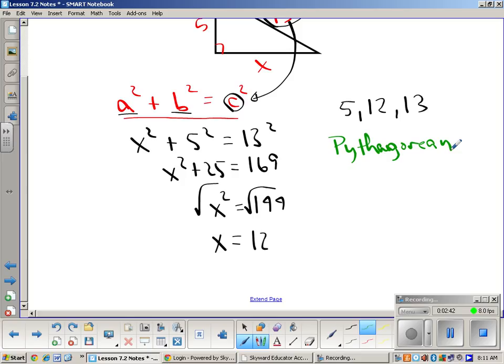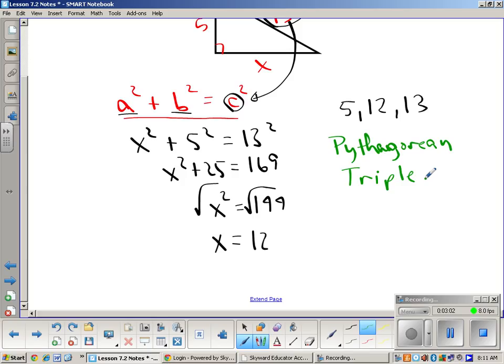Okay? This is called a Pythagorean triple. So any three numbers that meet the rule of the Pythagorean theorem are called a Pythagorean triple.